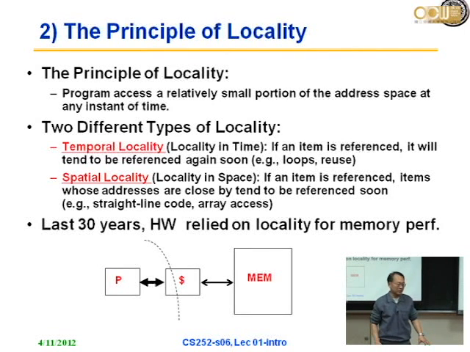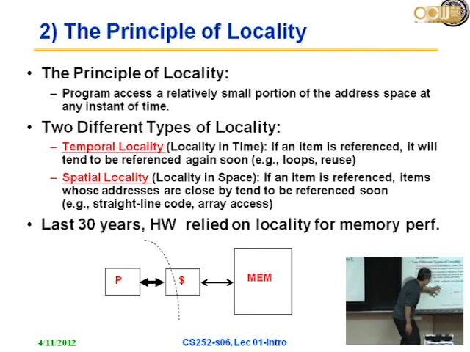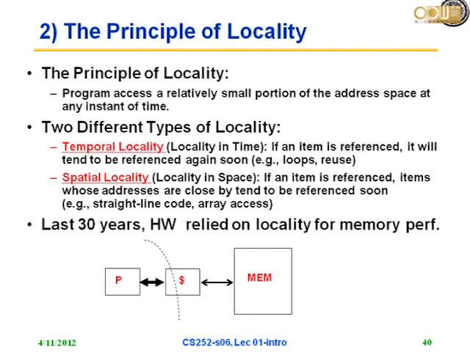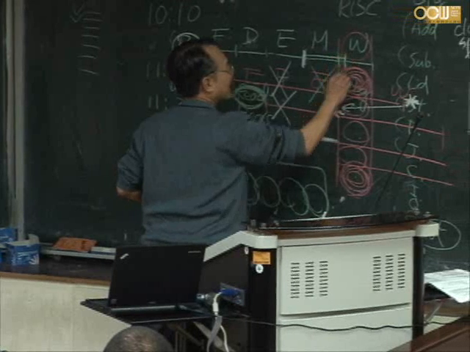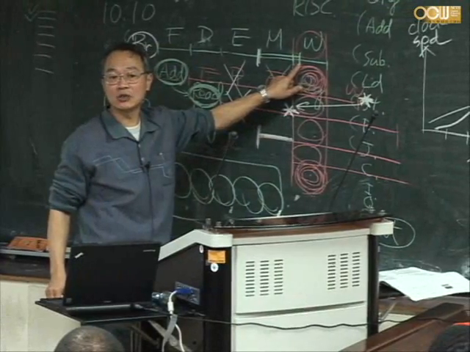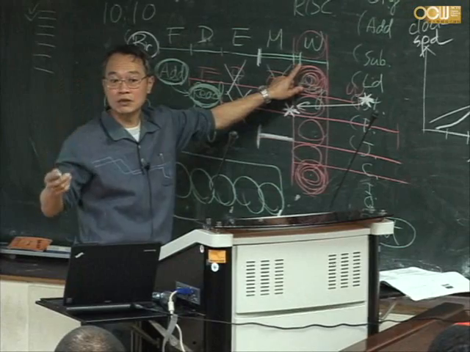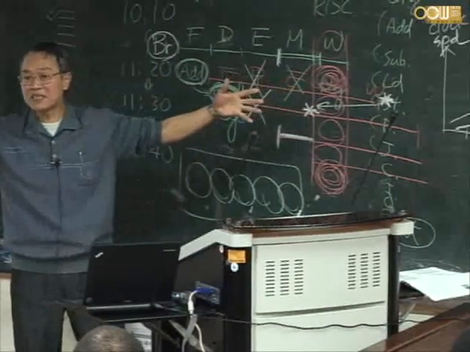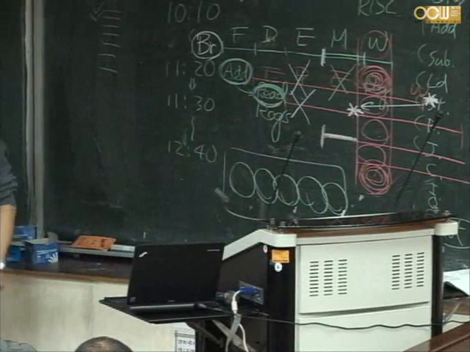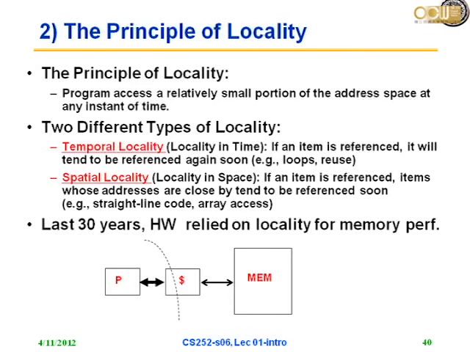The real issue is if you want to make this cache any bigger than that, then maybe it cannot be accessed in one cycle. It may need that much time. And in fact, that's impossible. Maybe you need to increase the memory cycle to 2, making your pipeline deeper, worsening structural hazard, data hazard, and control hazard.